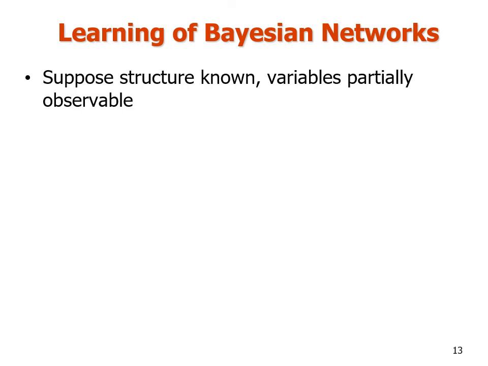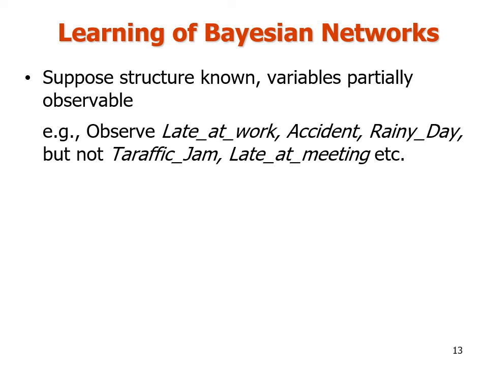Now suppose the structure of the network is known and variables are partially observable. So once again, considering our example, let us assume that we can observe variables like late at work, accident, rainy day, but it is not possible to observe traffic jam, late at meeting, and so on.